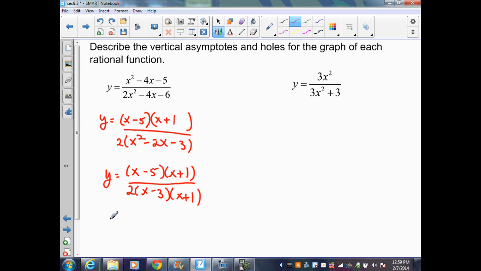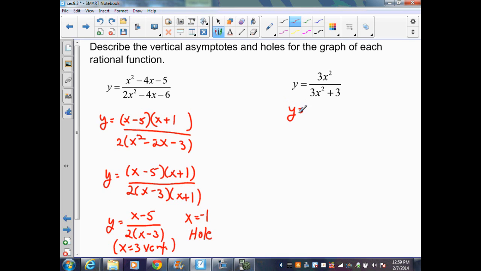The x plus 1 can cancel, which gives me y equal to x minus 5 over 2 times x minus 3. I have a vertical asymptote at x equal to 3, but I have to consider when I cancel my x plus 1 over x plus 1, I still must consider that. Therefore, at x equal to a negative 1, I have a hole. So here are my positions of discontinuity.